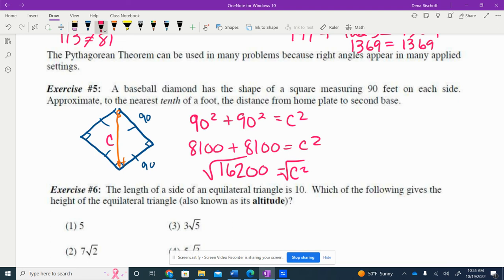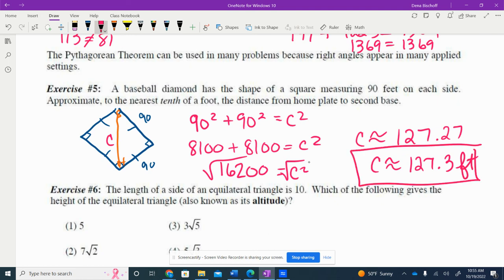So the square root of 16,200 is... C is about 127 point, are we rounding to the nearest tenth? So that's going to be rounded to 127.3 feet.